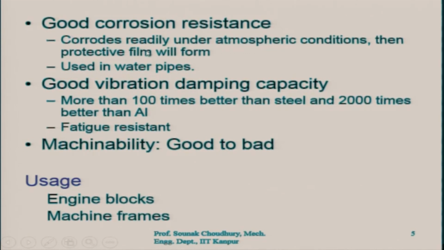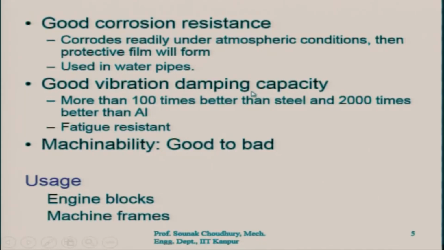The corrosion happens at the top, it readily happens, and then after that it does not allow the corrosion to go in. Therefore, it is used in water pipes. When the water pipes are made, you know that a huge quantity of water pipes are made. So, therefore, the requirement of the cast iron is too high.